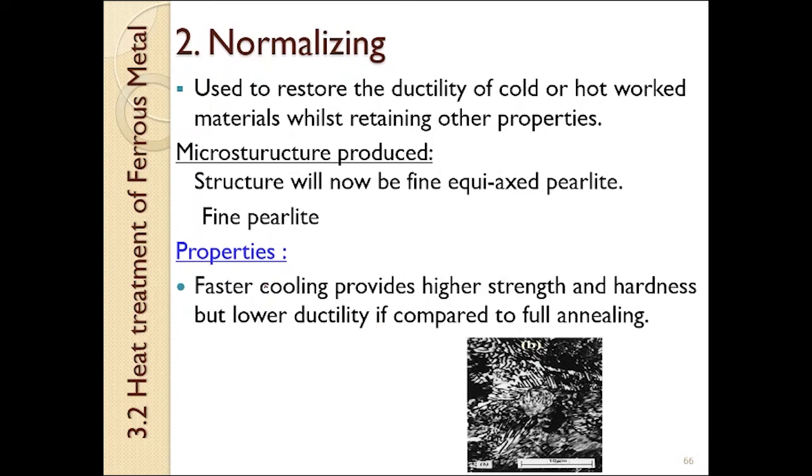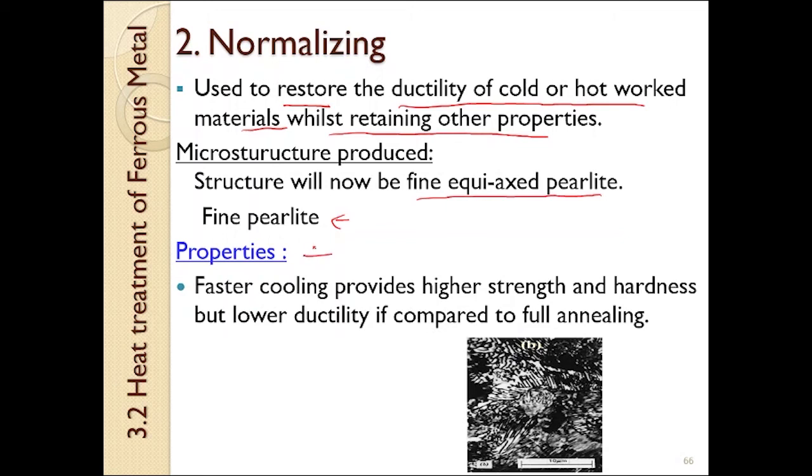So what is the purpose of doing normalizing heat treatment? It is used to restore the ductility of cold or hot worked material while retaining other properties. The microstructure produced will now be fine equiaxed pearlite, in the form of fine pearlite.